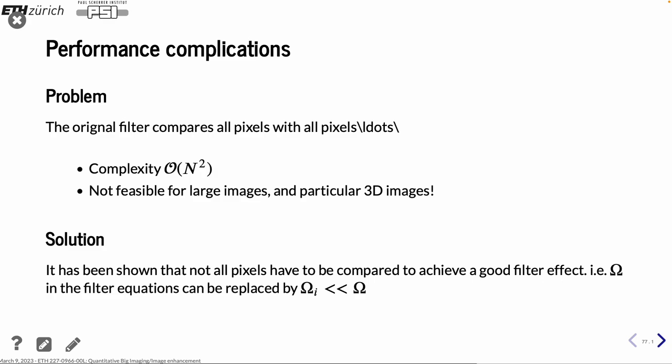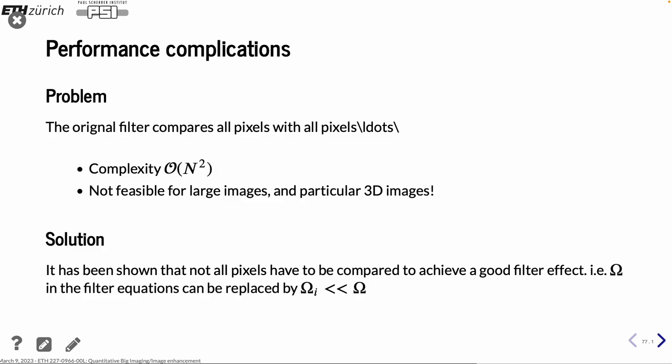There are, however, solutions where you work with small blocks and filter them individually. Then you can speed it up, and there are commercial and probably also open source versions which are much faster and can be applied on 3D images.